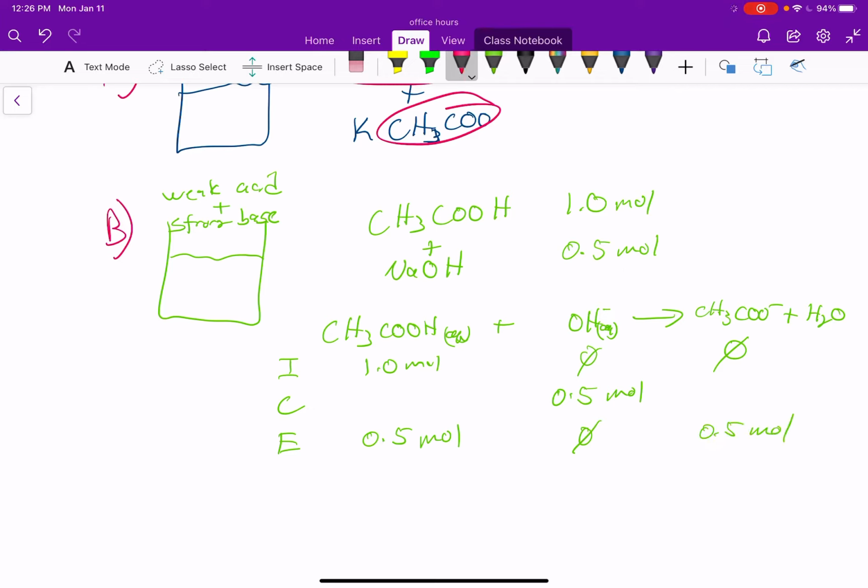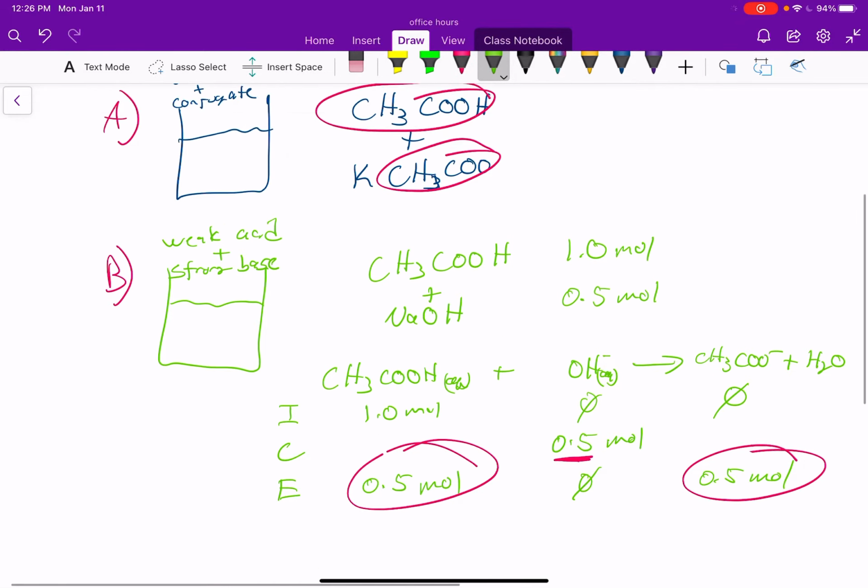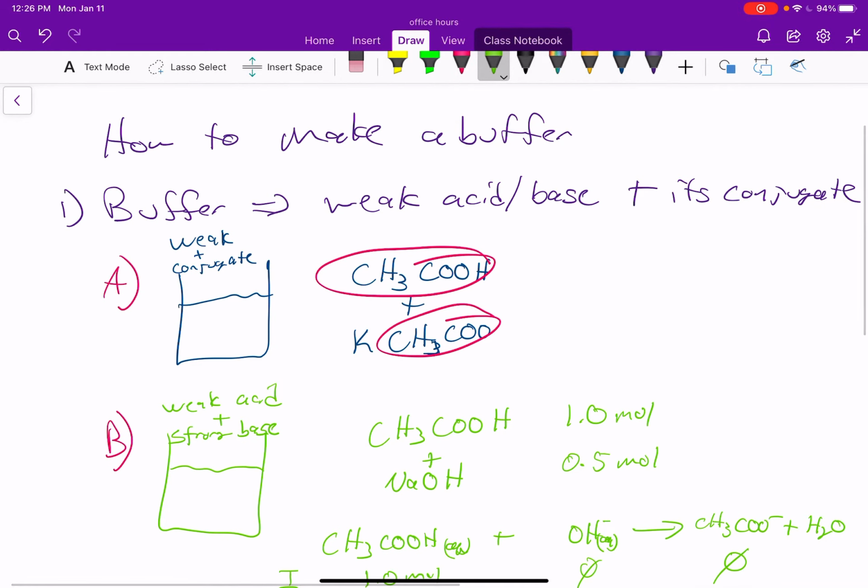Once again, we have a weak acid and its conjugate. We have converted some of the weak into its conjugate. You can do this either with the acid or the base. You just have to make sure that you add less of the strong material than the weak that you started with.